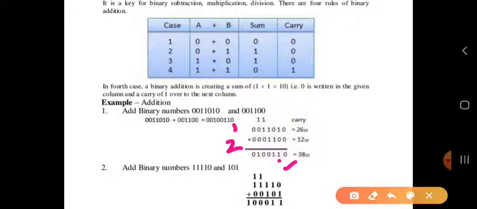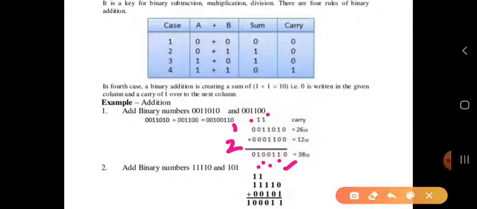When 0 is added to 1, it again gives you 1. But when 1 is added to 1, there is 0 and 1 is carry. Again, when you add the 1 carry with 1, it gives you 0. And 1 will again carry.